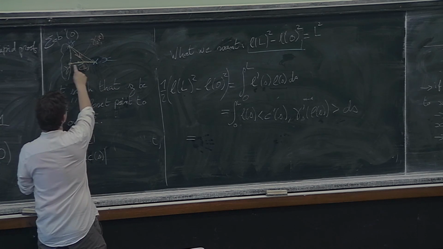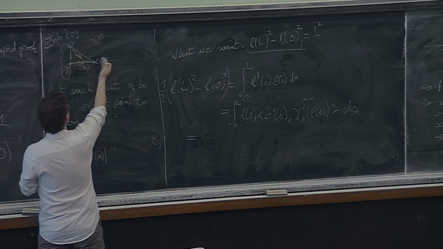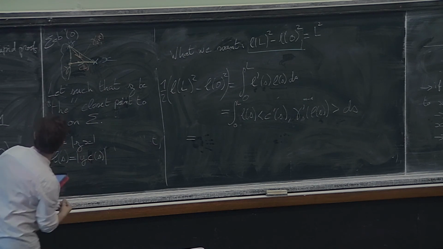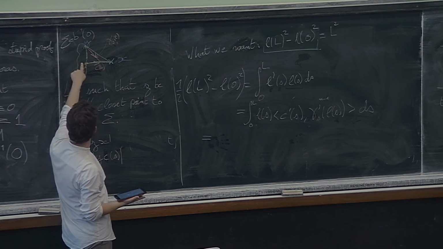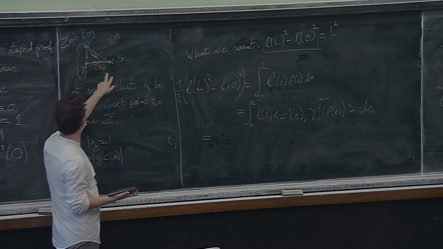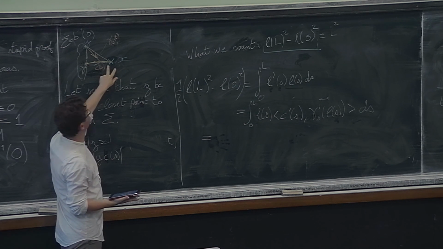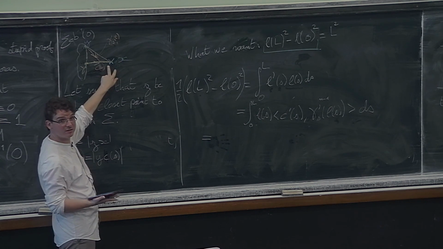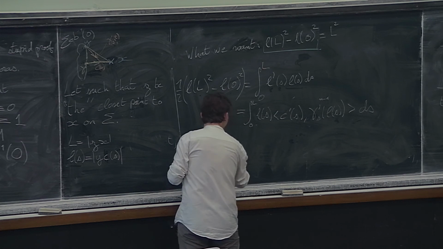What you can show actually is that along this geodesic, since it's the closest point to a level set of a distance function, the tangent vector to this geodesic is actually the gradient of the b function. You can show that. Okay, so that's the integral from 0 to L.